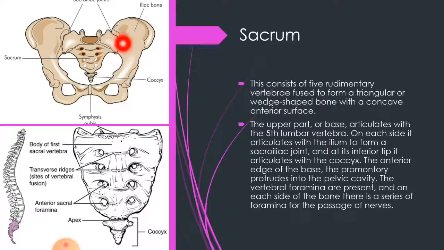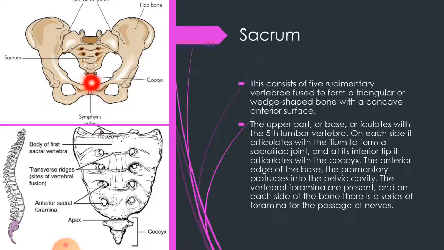This is the ilium of your iliac bone, which is a part of the hip bone, and the sides of the sacrum are articulating with the iliac bone and forming a joint that is called the sacroiliac joint. And another important part that we discussed is that its base articulates with the 5th lumbar vertebra.